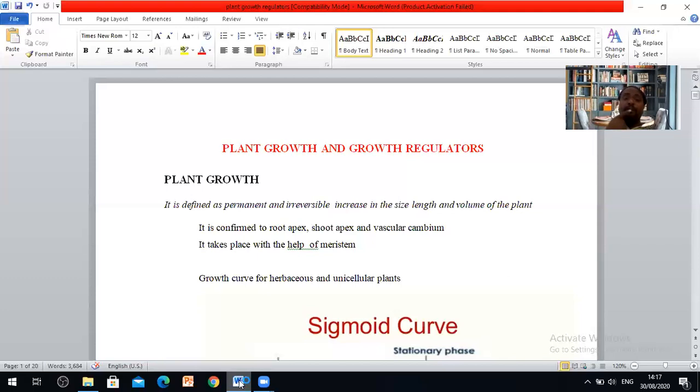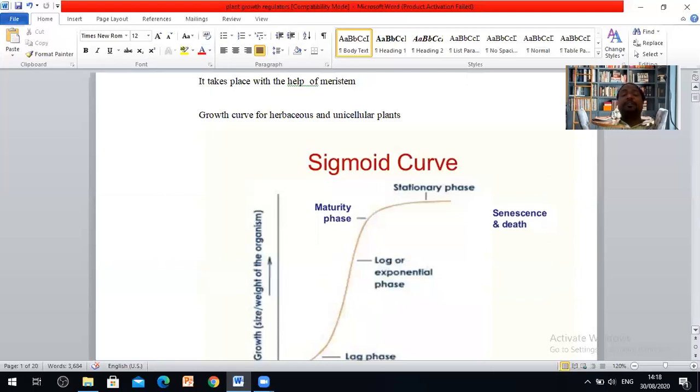Now, like other organisms, the plant also shows a growth curve. The growth curve is studied particularly in plants which are herbaceous in nature and in unicellular plants, and it is found that the growth curve in these plants is sigmoid.